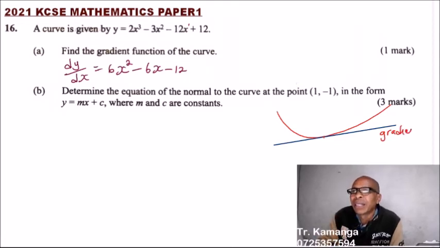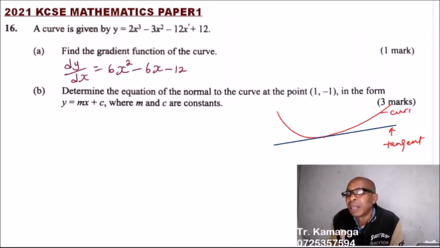Not gradient actually, it is called a tangent. Sorry for that. This is a tangent: a straight line touching the curve at a point. The curve is represented by a function.